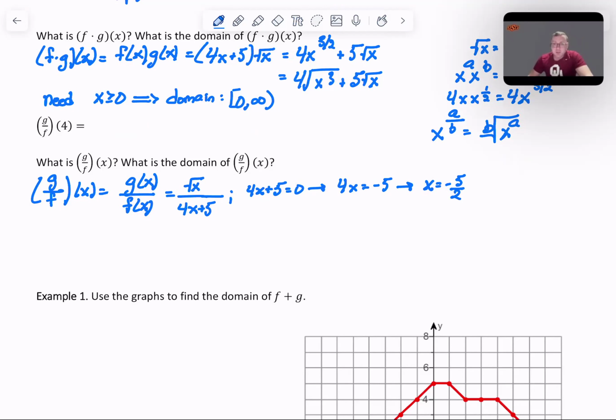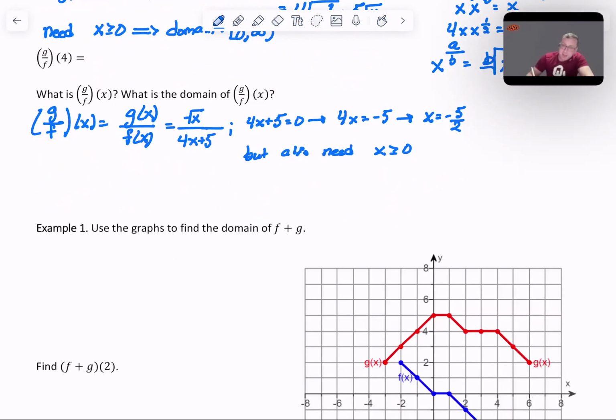But we also need the square root of x in the numerator to be defined, and that's only defined for nonnegative numbers, right? It's only for anything greater than or equal to 0. So we need x greater than or equal to 0 for the numerator to be defined as well. So this implies that the domain is 0 to infinity, including 0.